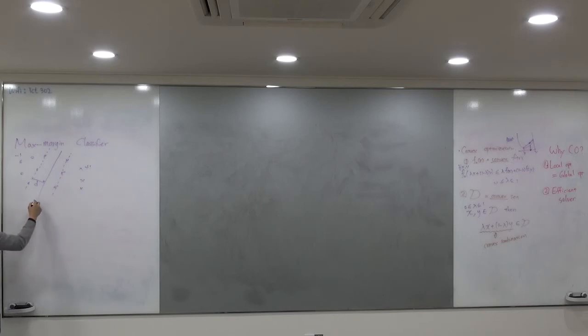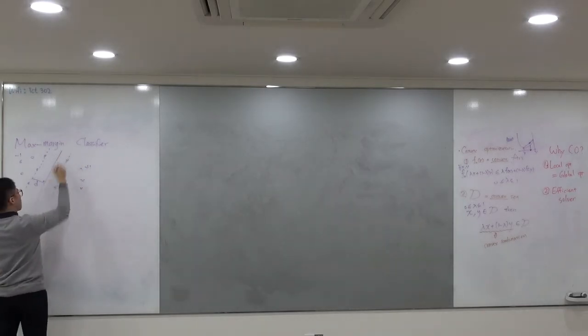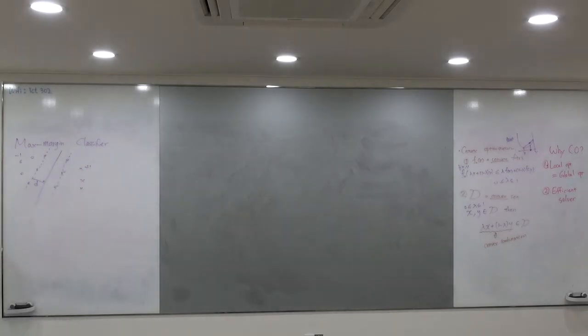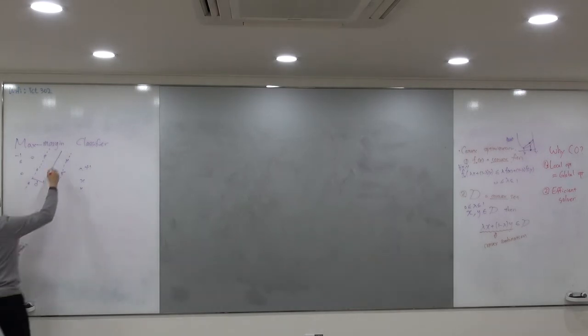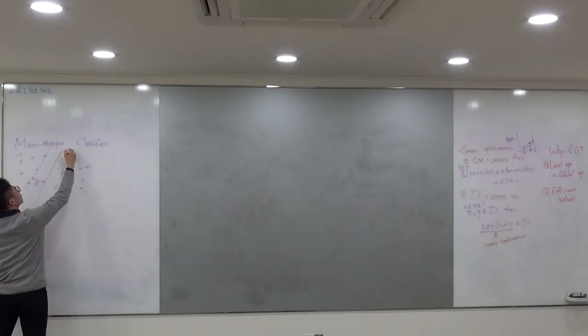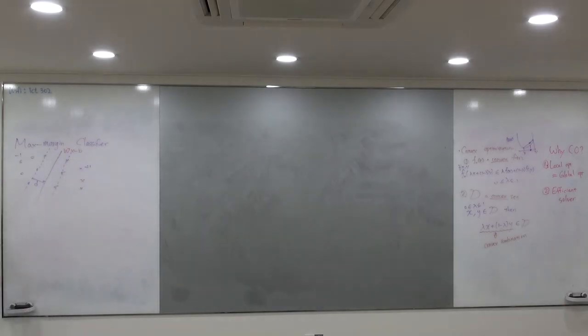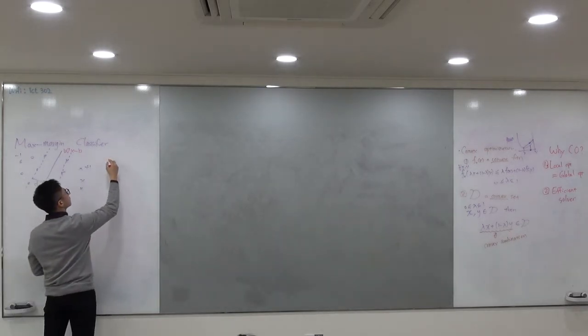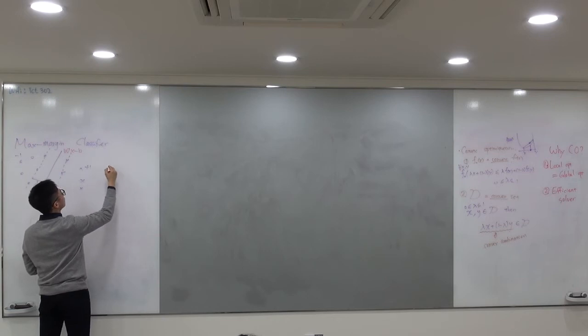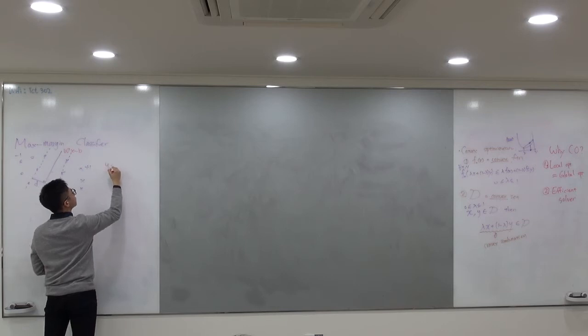And since this is a linear function, the functional form should be given by W transpose X minus B. In fact, we want our classifier to classify future examples by this kind of classification rule.